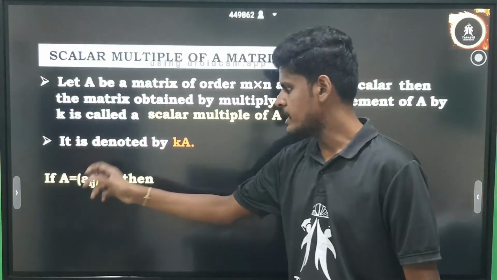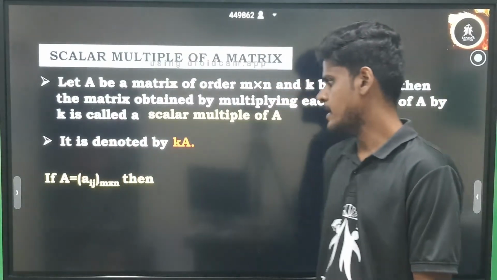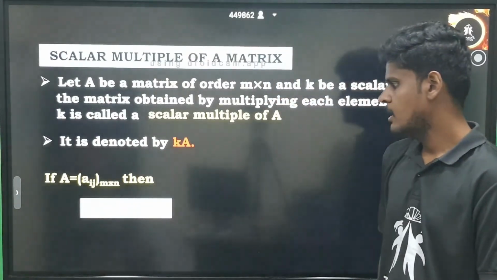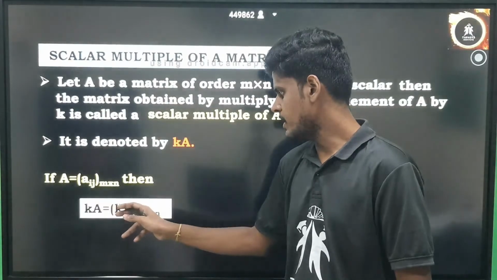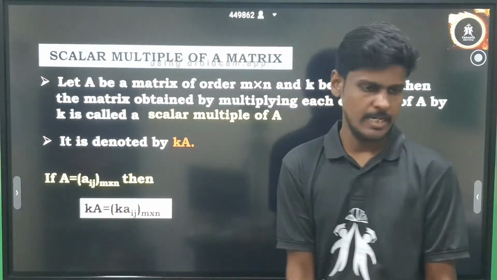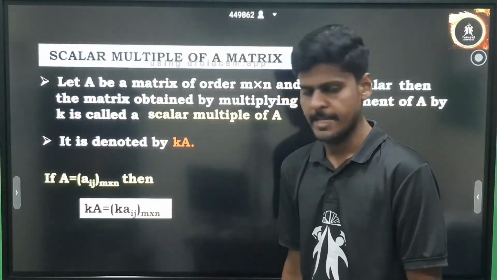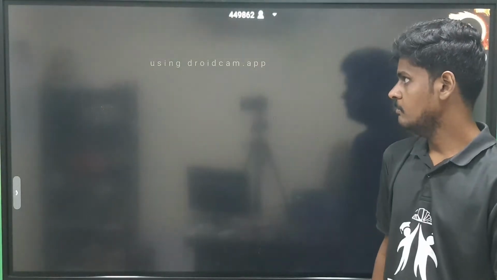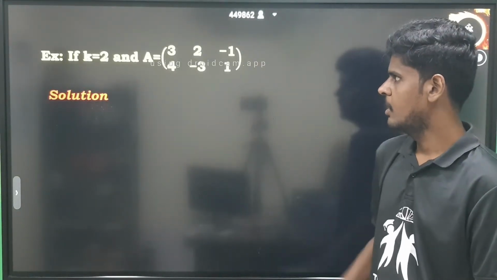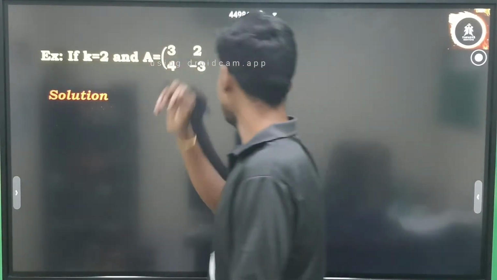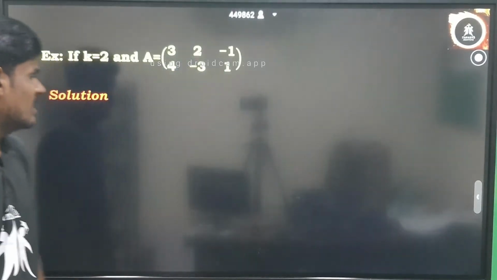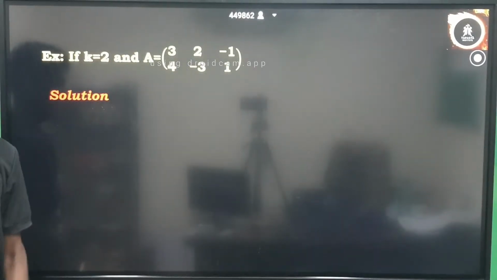Suppose A is a matrix with elements aij of order m cross n, m by n. Then kA is nothing but multiplying each element by k. That is k aij. Okay, k is given, A is also given. What do we need to find? Find kA.